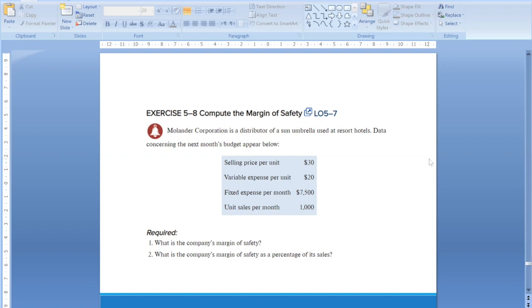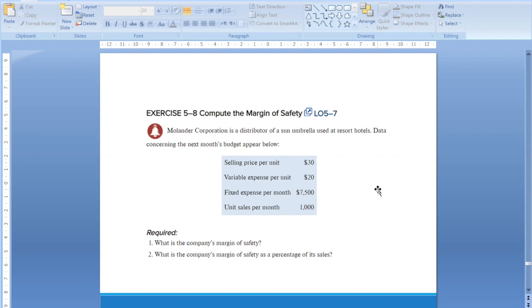The actual sales is given directly in the question. The unit sales per month is 1,000, multiplied by the price, which is $30. This gives me actual sales of $30,000.